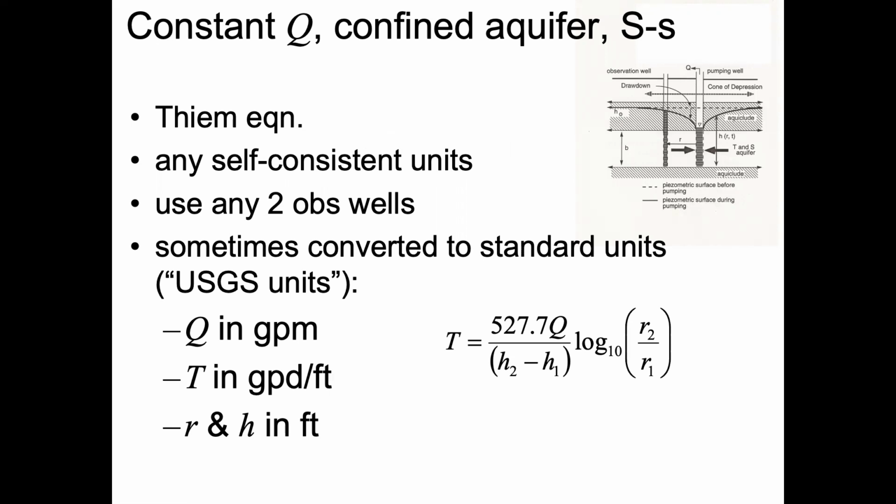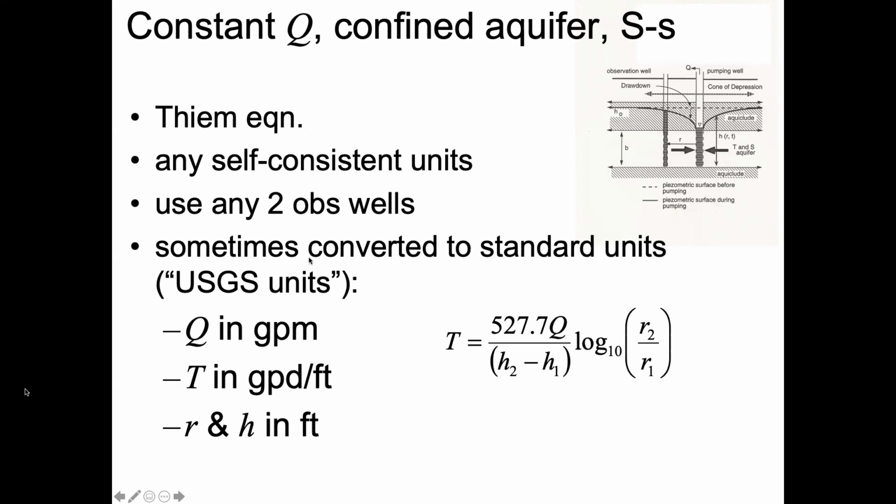Now, for those folks who might be interacting with the USGS, sometimes there are what are called USGS units, and there is some kind of conversion between our standard units and USGS units, where our Q might be in gallons per minute and our T might be in gallons per day per foot, and our radius and our changes in head levels are in feet.